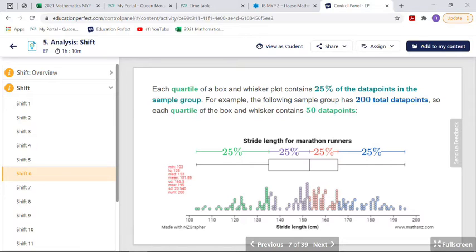Every one of these boxes and whiskers, no matter how small or how long, contains exactly the same amount of information. This long whisker just tells me that between here and here those numbers are spread out, but there's still the same number of them. So don't get carried away and say there were more in the first quartile of the first one than in the first quartile of the second one. That's never true. Okay? It's going to contain exactly the same number.